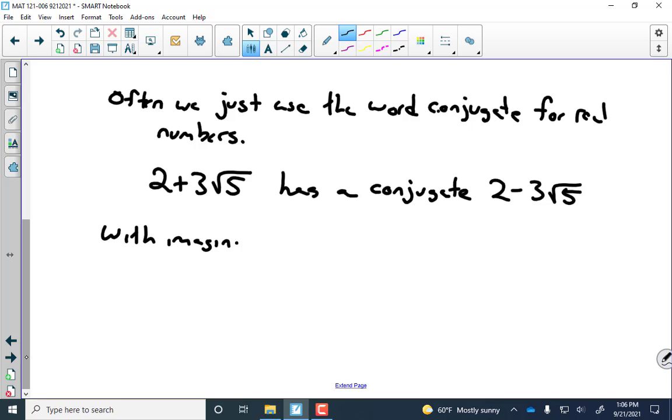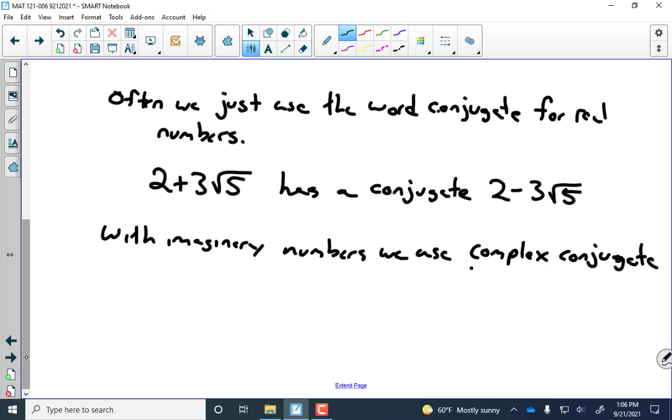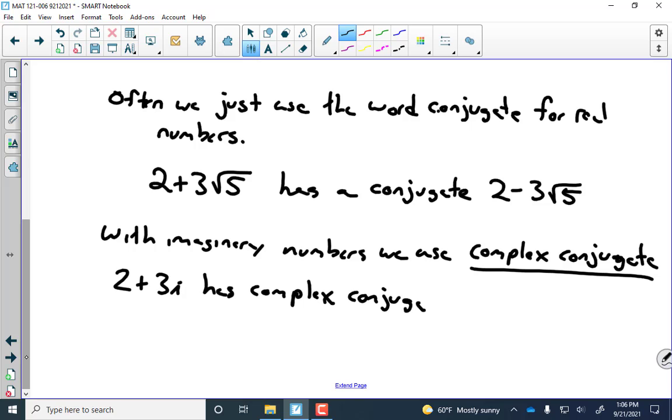With imaginary numbers, we use the term complex conjugate. You'll hear both complex and the word conjugate. So you'd say something like this. 2 plus 3i has complex conjugate 2 minus 3i.